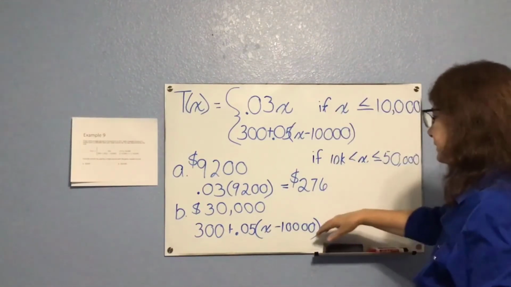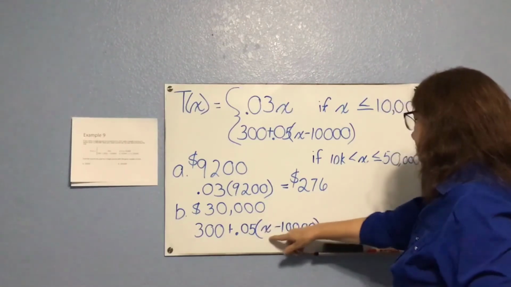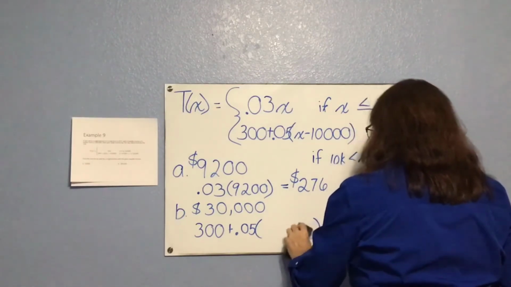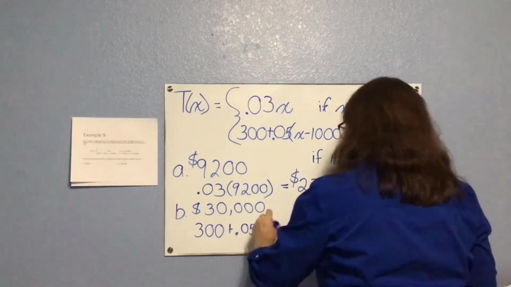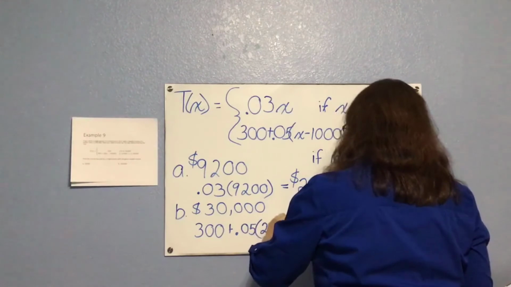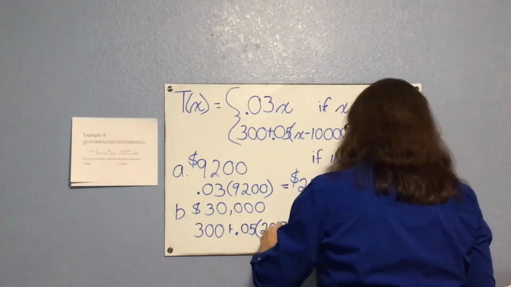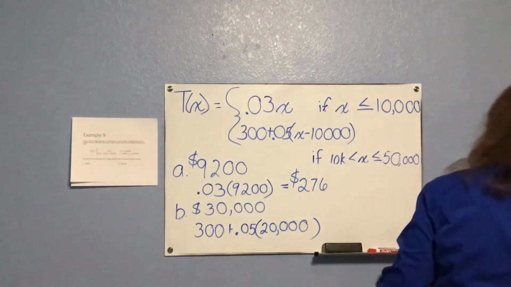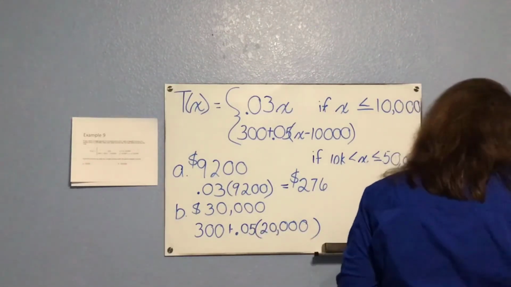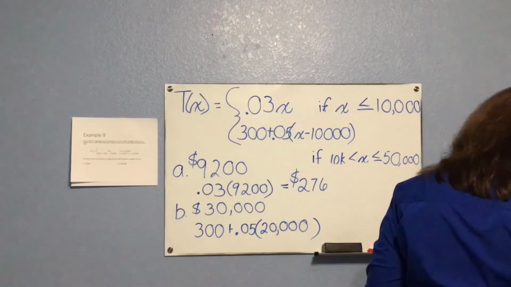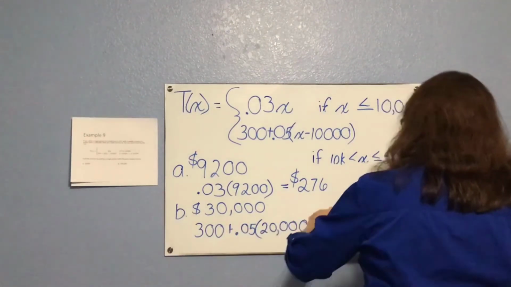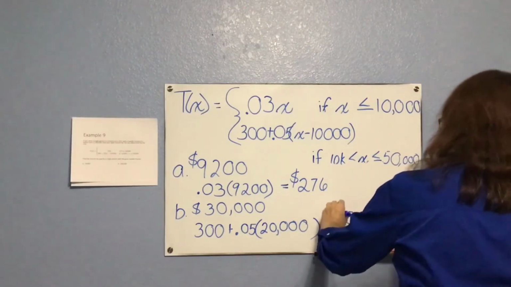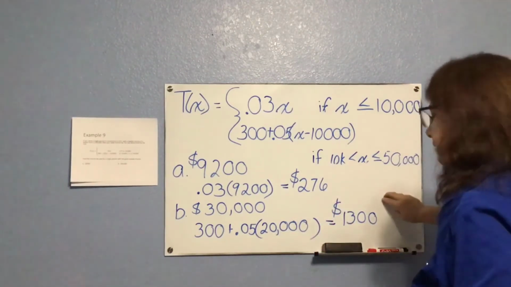I know my x is 30,000, so 30,000 minus 10,000, I'll just write 20,000 in here. And 5% of 20,000 is going to be $1,000 plus the 300, so my total tax is $1,300 at this income level.